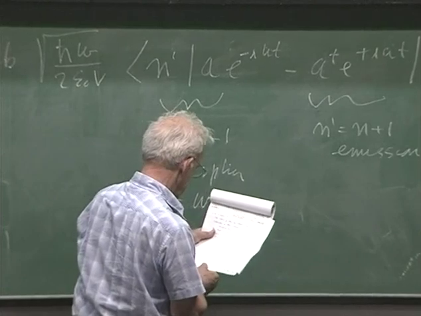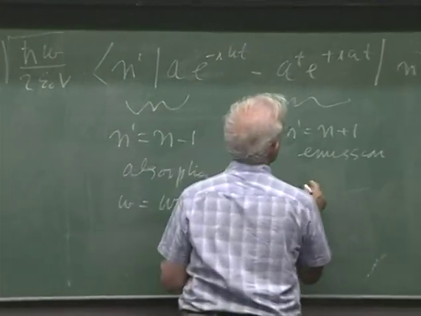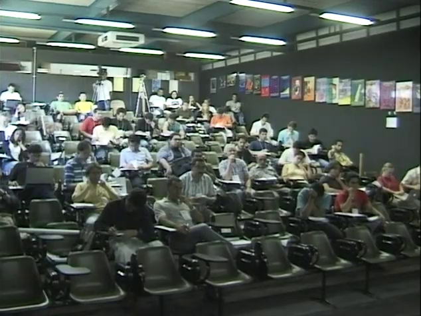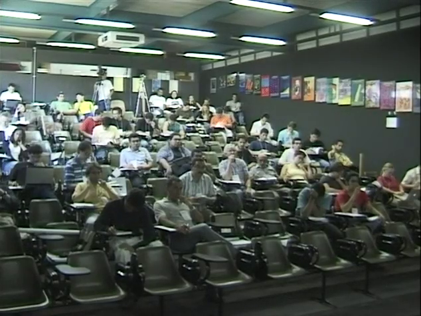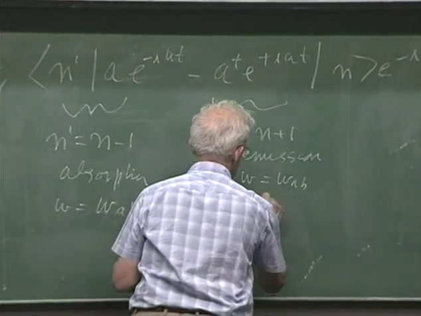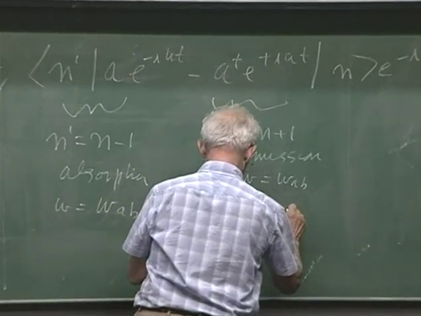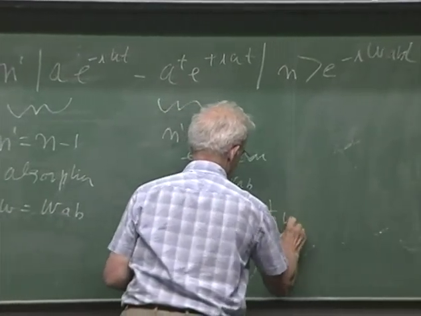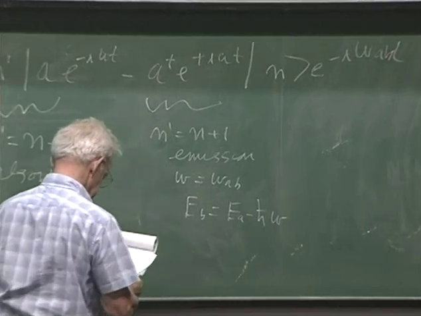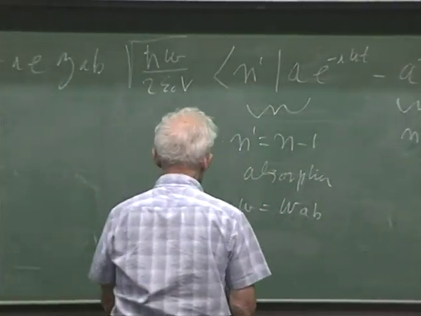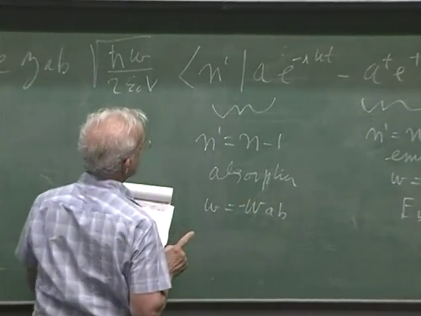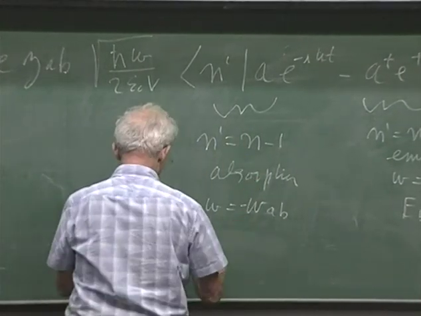It says the emission is over here, omega is equal to omega_AB, and that says that E_B is equal to E_A minus h bar omega. And this, omega is equal to minus omega_AB. Yep, correct.